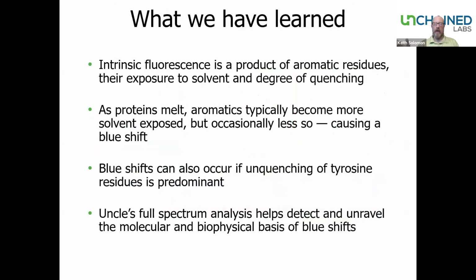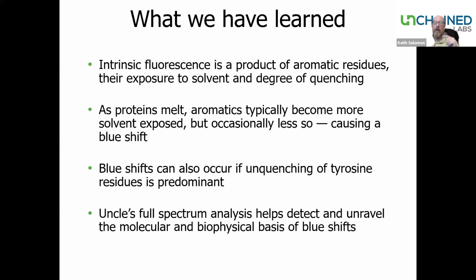So what have we learned? Well, we've learned quite a few things today, I think. I hope so. We've learned that intrinsic fluorescence is a product of aromatic residues, their exposure to the solvent, and their degree of quenching. All of that together gives the fluorescent profile of a protein. As a protein melts, aromatics typically become more solvent exposed, but occasionally less so, and this will result in a blue shift.